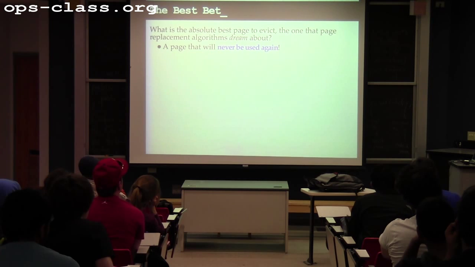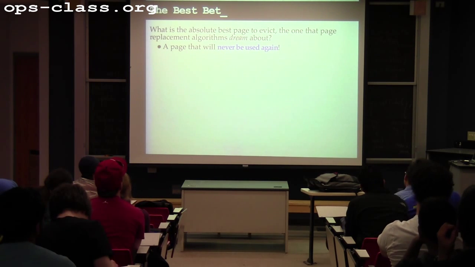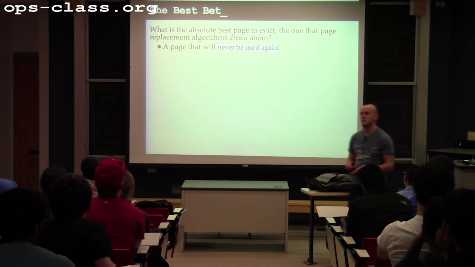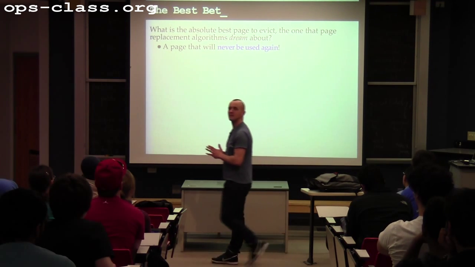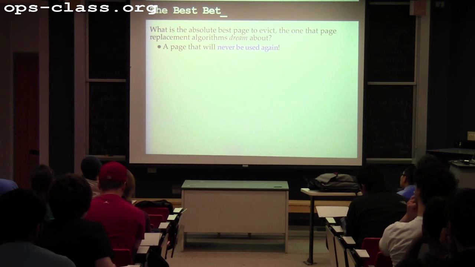It's the only page that will not come and want its 4K back, because the application may not ever see it again. This sounds like sort of a fantasy, but give me a couple of examples of pages that might fall into this magical category.